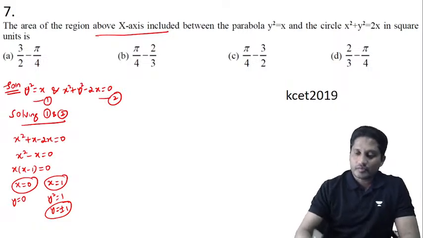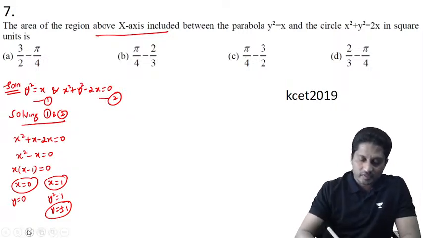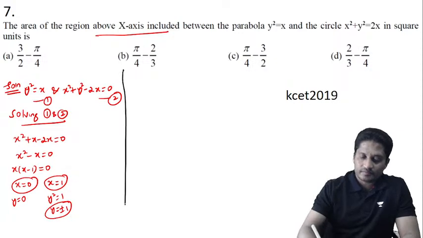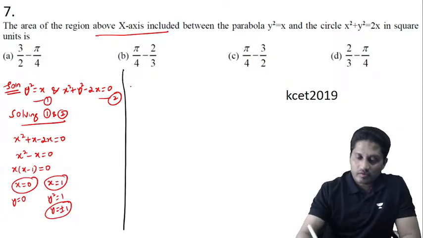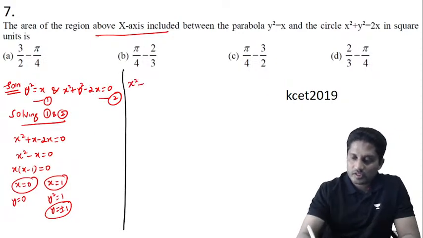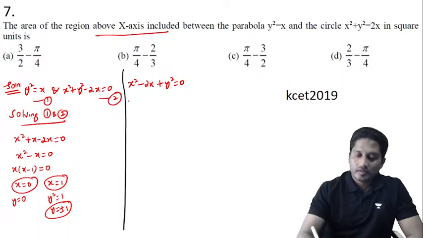Now for the circle, let me check what is the center and the radius. The circle is x square minus 2x plus y square is equal to 0. Let me bring it to the standard form. x square minus 2x, I'll add 1, subtract 1, plus y square is equal to 0.